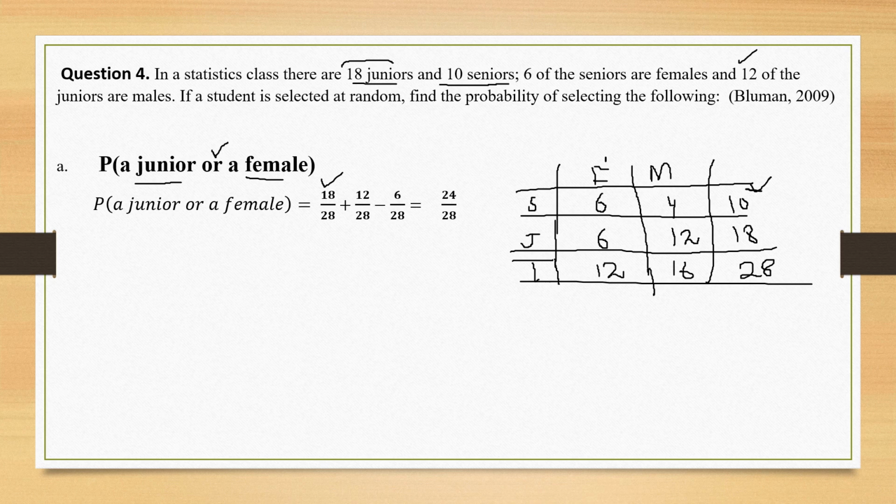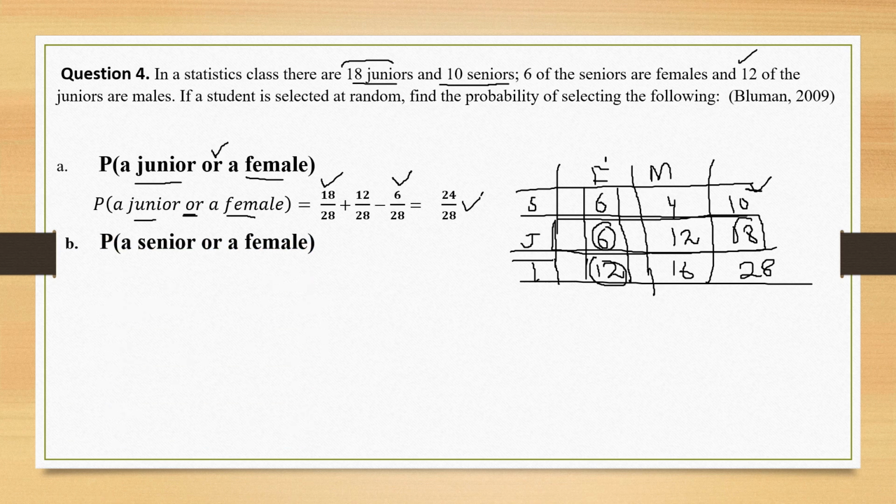Total juniors we have 18 by 28, or plus sign, and the total number of females we have 12 by 28, but this one is common. This column is for female, and this 6 is common in both, so it will be subtracted from the sum, so the answer will become 24 by 28.